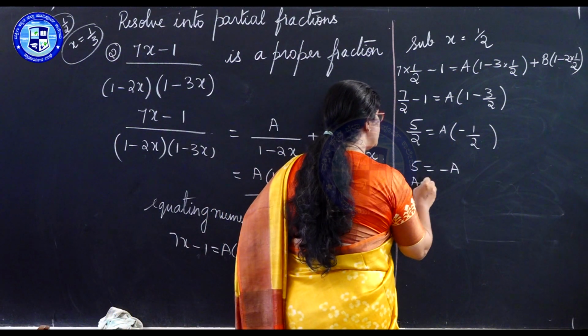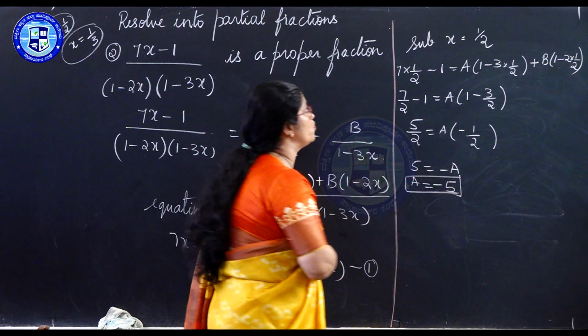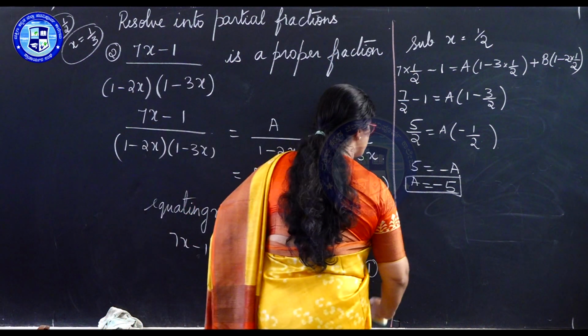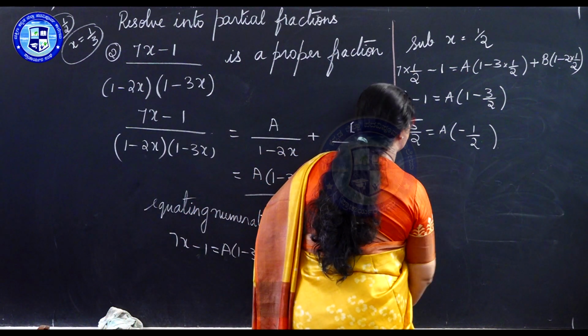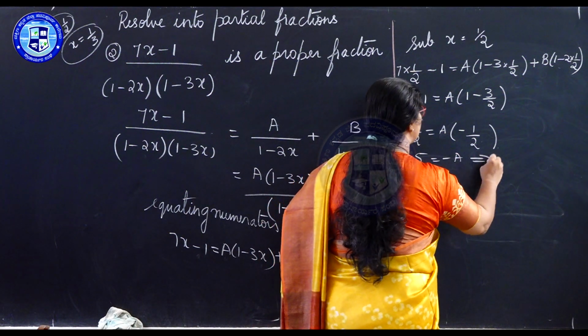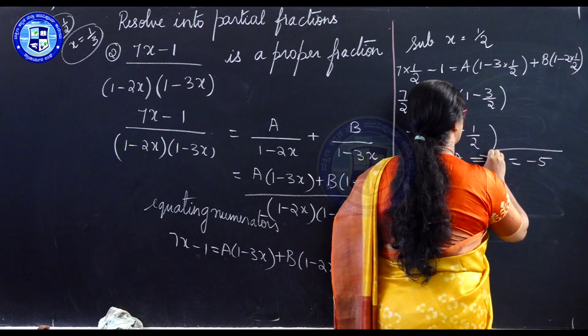So a is equal to minus 5. So this is one value. Next I will substitute. I will just write it properly. 5 is equal to minus a, which implies a is equal to minus 5.